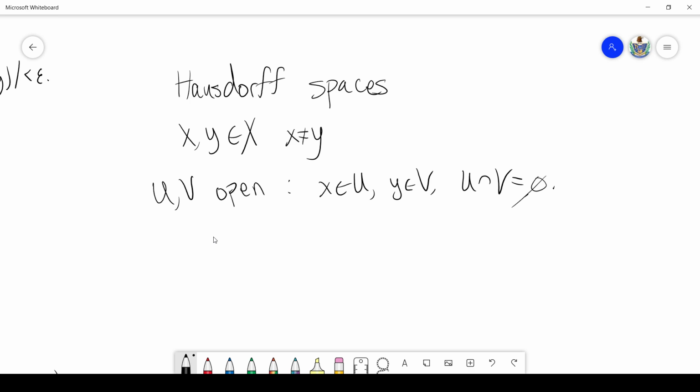Now, metric spaces are an easy example of Hausdorff spaces. A metric space is always Hausdorff.